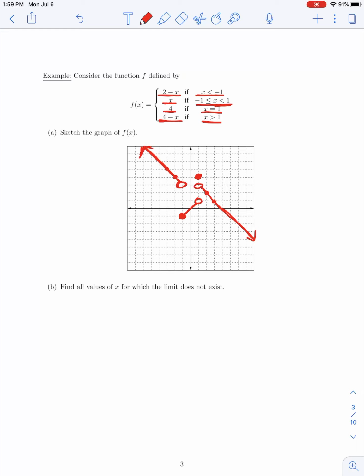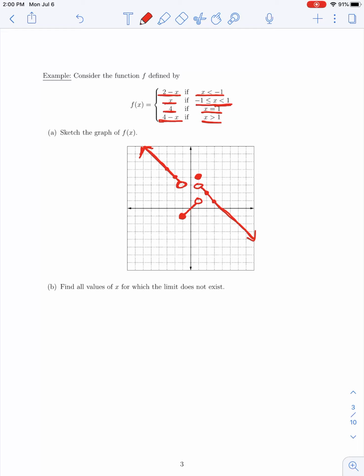Now, in part B, we are asked to find the values of x for which our limit does not exist. So we know our limit will not exist if the left and right hand limits are different numbers. So anywhere that the graph of our function makes a jump in its definition, then we have a limit which does not exist.